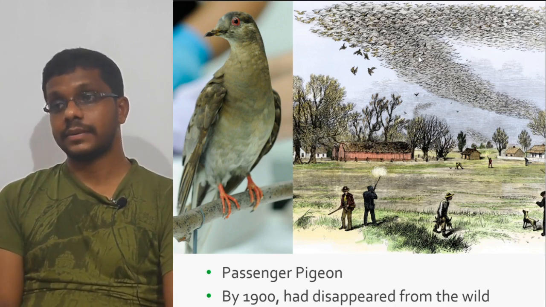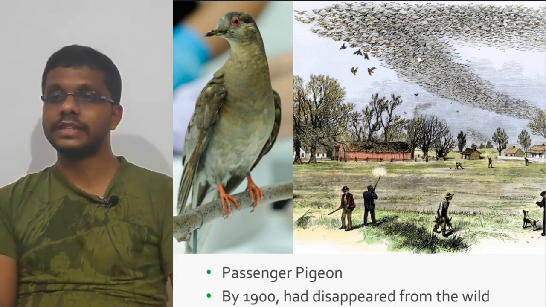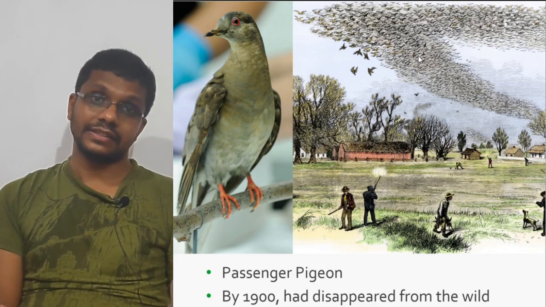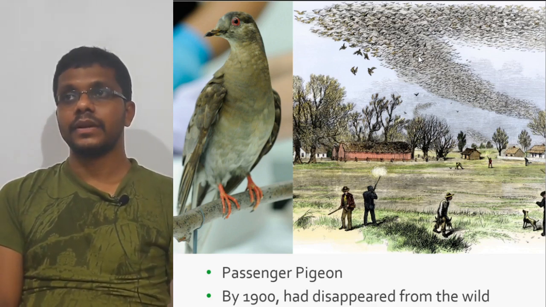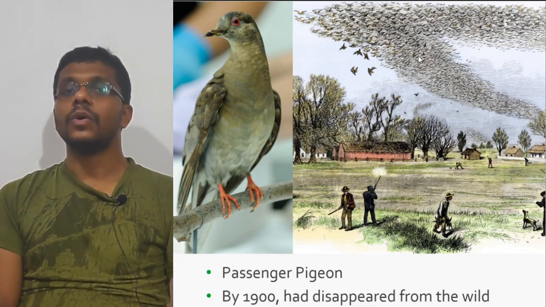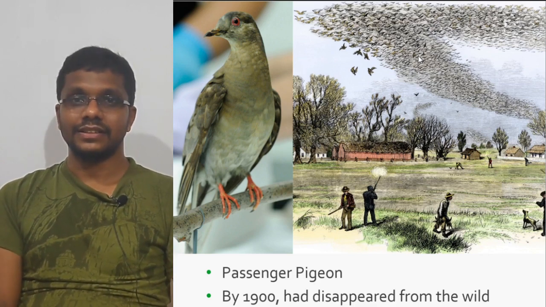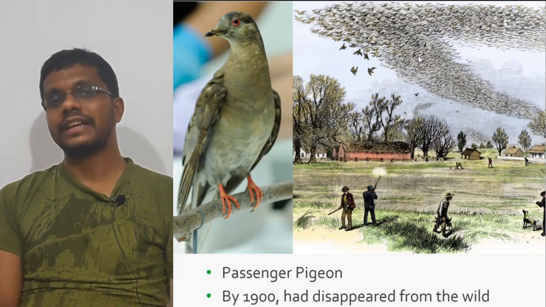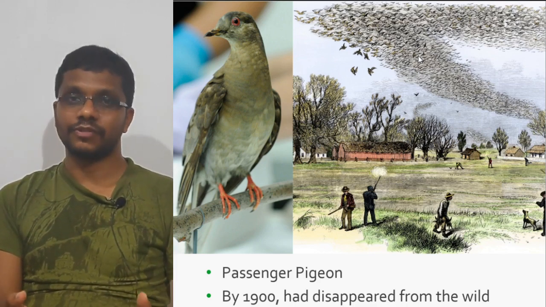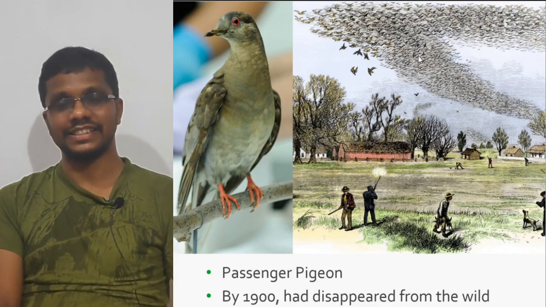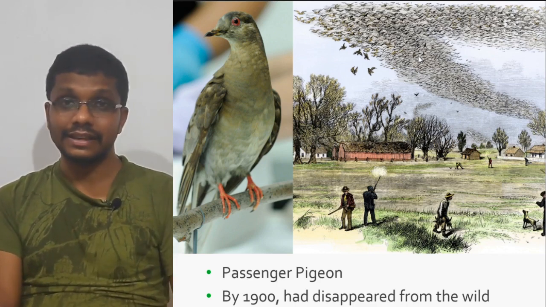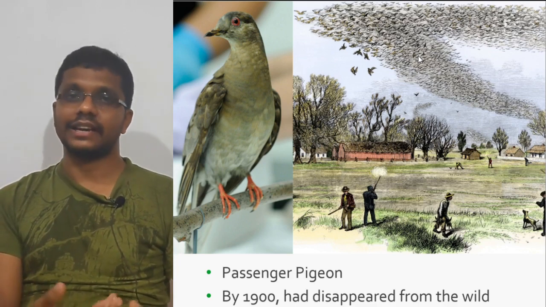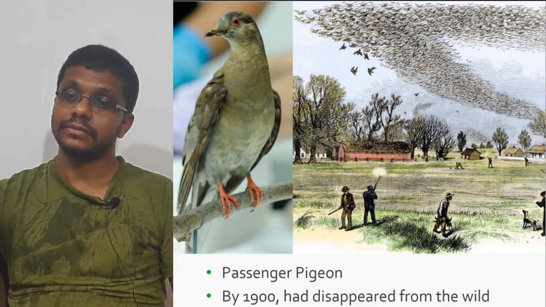John James reported the huge group in 1813, and after about 87 years, in 1900, this bird went extinct. That was so dramatic. A huge group that would take 3 days to fly past a single place went extinct in 87 years. That's the rate at which we are affecting extinction.